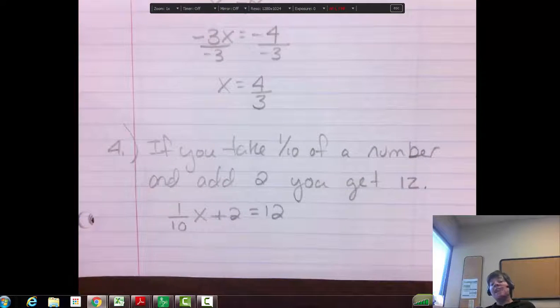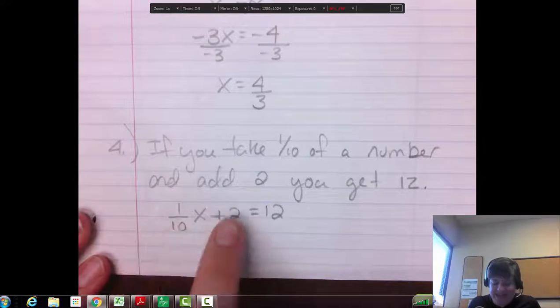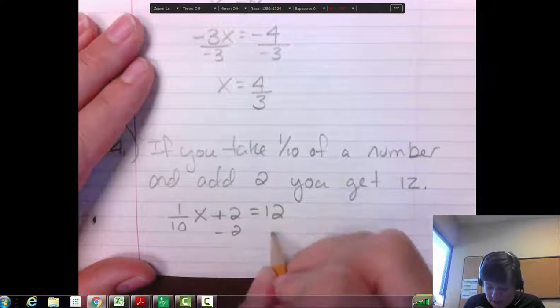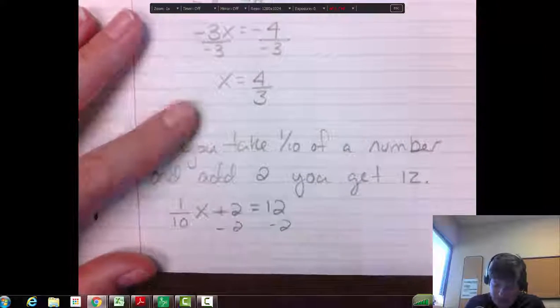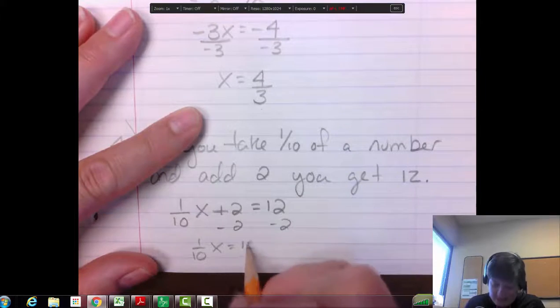Now, I only have one fraction, so this one's pretty easy to solve without multiplying by a common denominator. I can, though, multiply 10, 10, 10. Super easy to do. No more fraction. Or I can say, okay, well, I'll minus 2. And I can say, okay, 1/10 x equals 10.